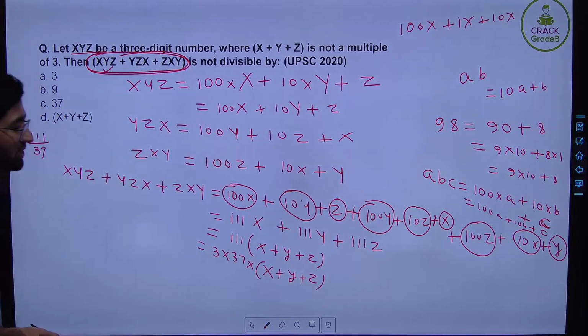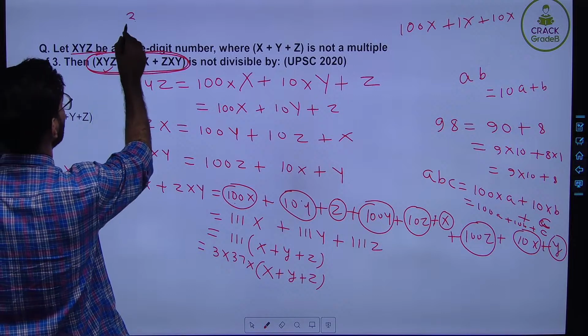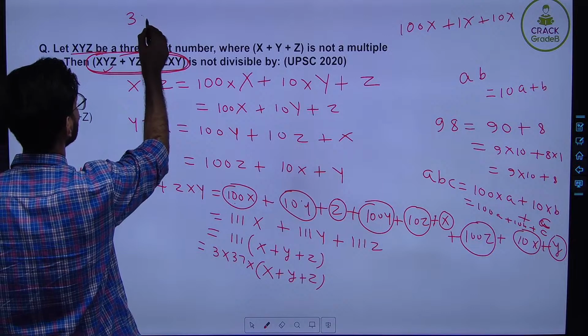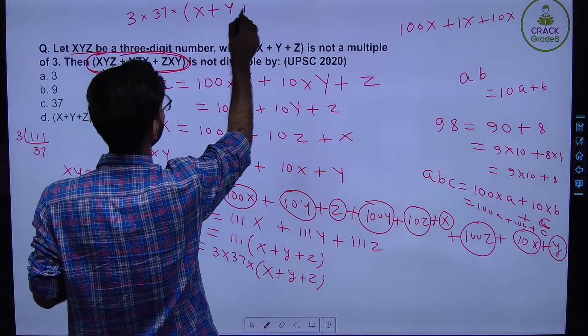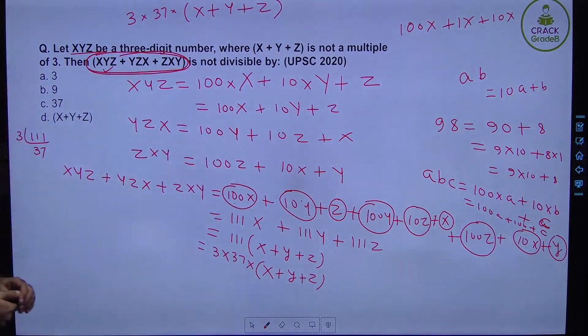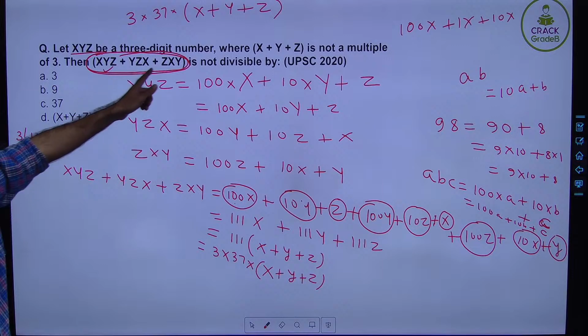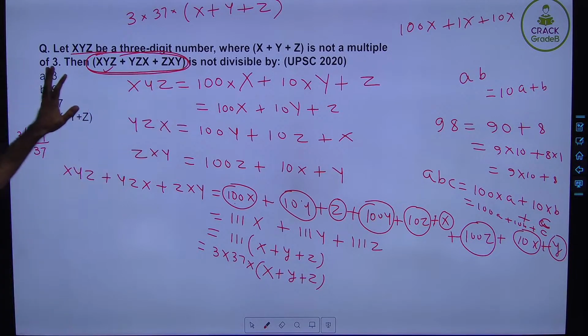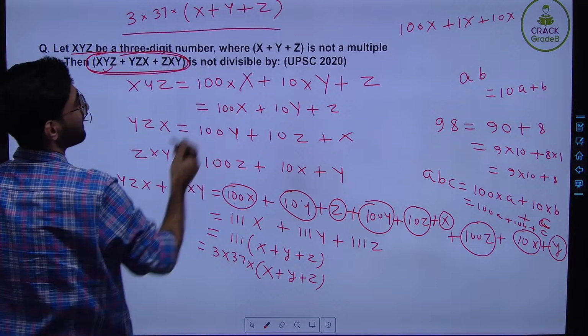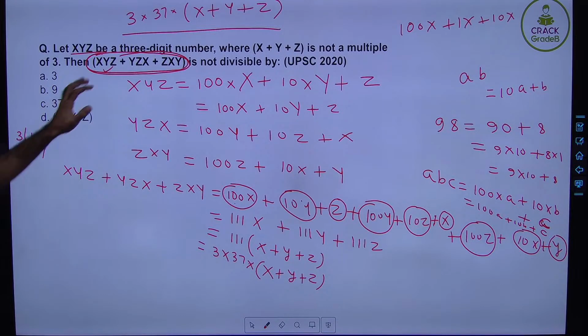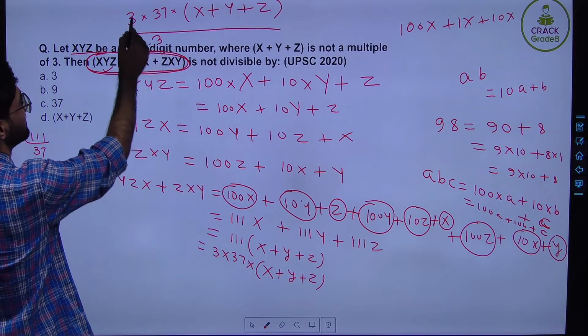So 3 into 37 into X plus Y plus Z. Now try to think: this number is equal to 3 into 37 into X plus Y plus Z. You have to check by using the options. Okay. So is this number divisible by 3? Yes. If you divide this number by 3, you can.